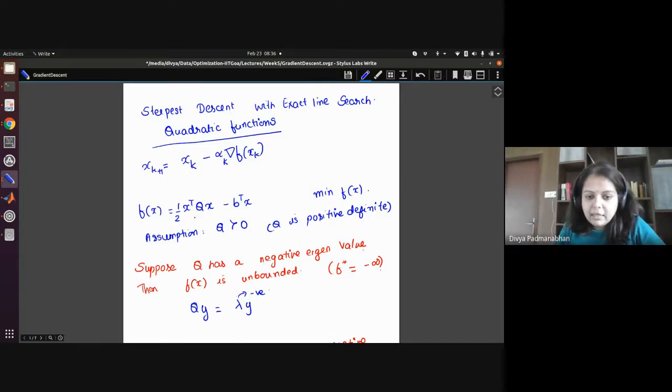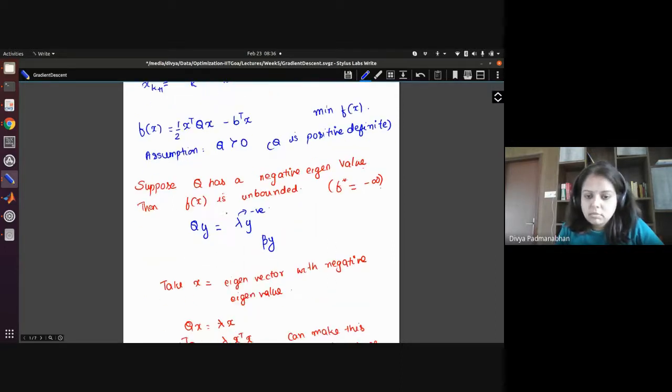If you take your x as this eigenvector y, then you can keep making y larger and larger, right? If y is an eigenvector, then even the scaled value, beta y, also becomes an eigenvector. So you can keep on doing this, and this quantity is going to become arbitrarily small.